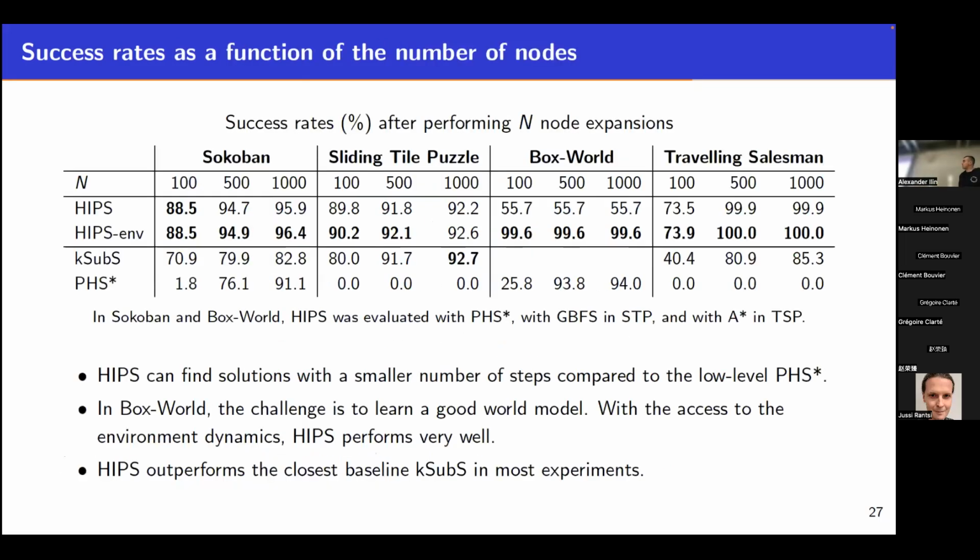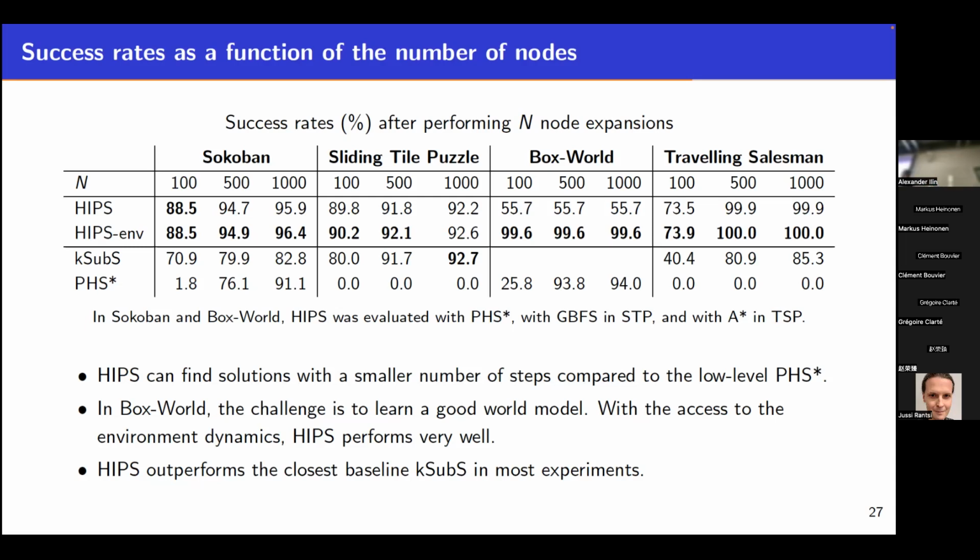On this slide, we compare our approach with some alternatives. We display the success rates, how often our agent solved the puzzle after performing n node expansions, because the promise of hierarchical planning is that we can build a much smaller search tree in order to find the solution, in contrast to low-level search that requires building a very large tree.